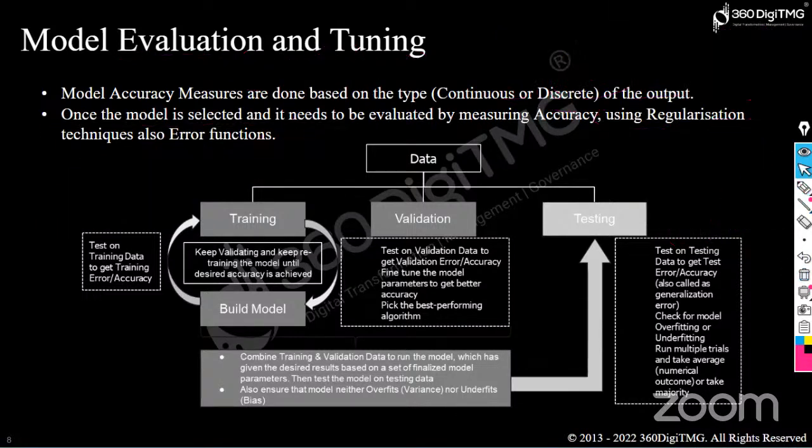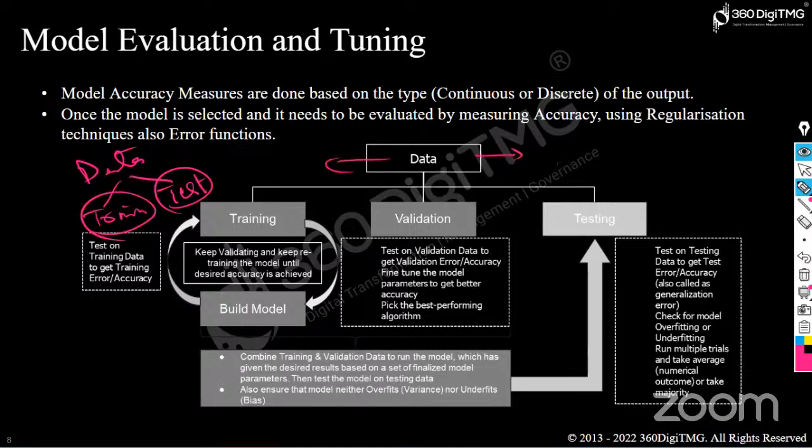And the data needs to be split as train data and test data. With the given data, when you split it as train and test, the train data will be sent to the model and the accuracy calculated.